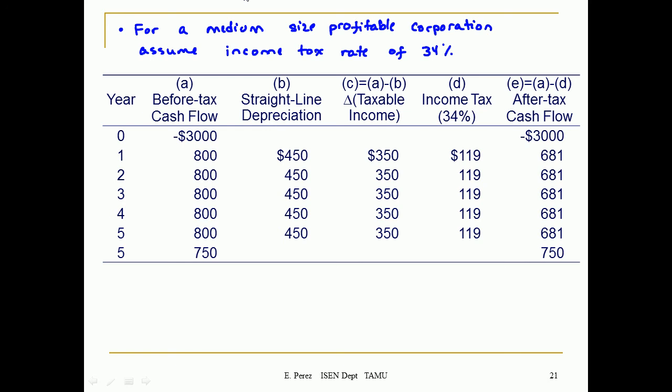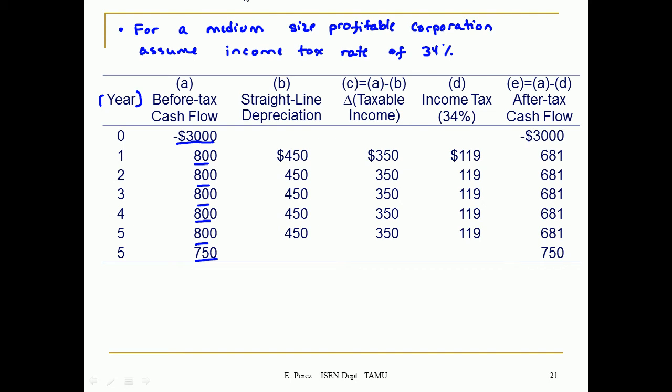So let's start from the left to the right. Here we have the years. So per year we're going to compute the cash flow. For year 0 you make the investment of buying the truck. Then you have some savings for the 5 years, and then you also have the salvage value for that truck.